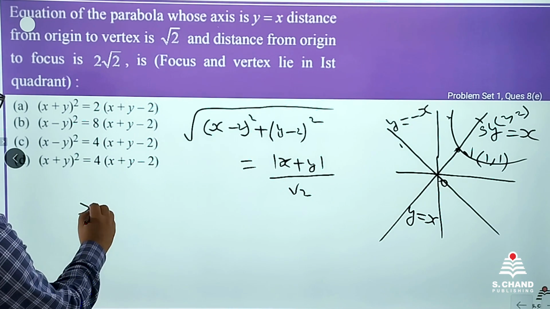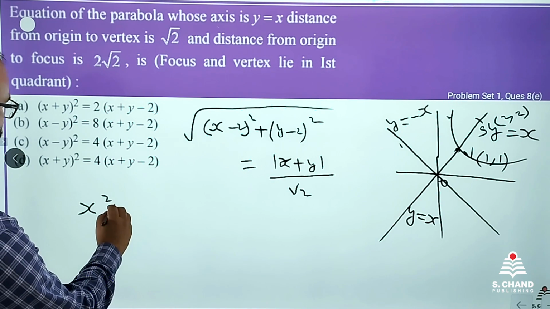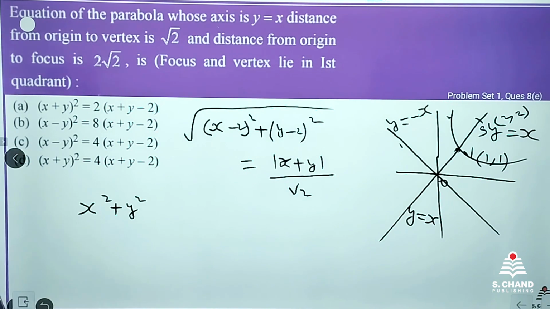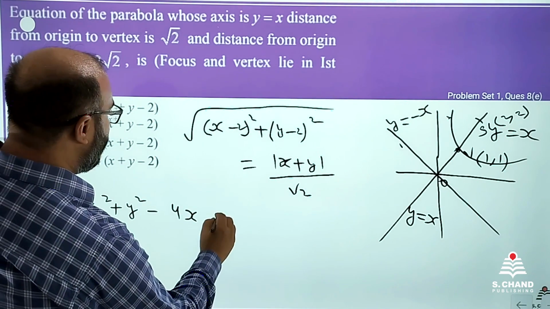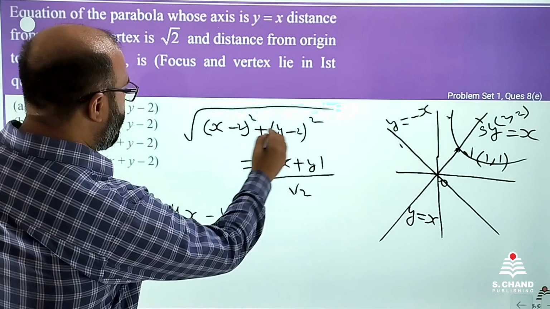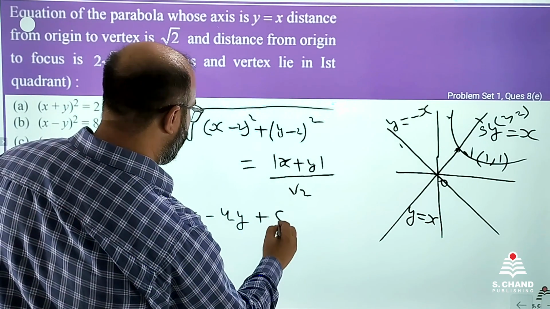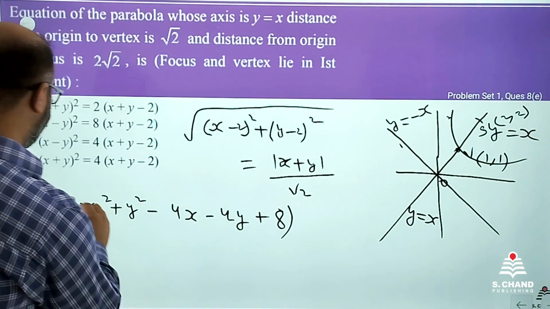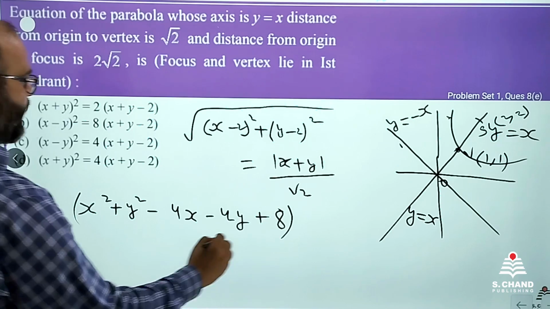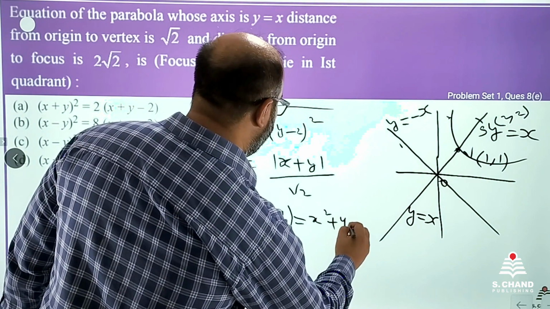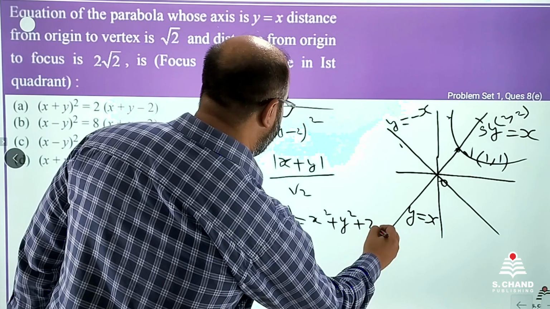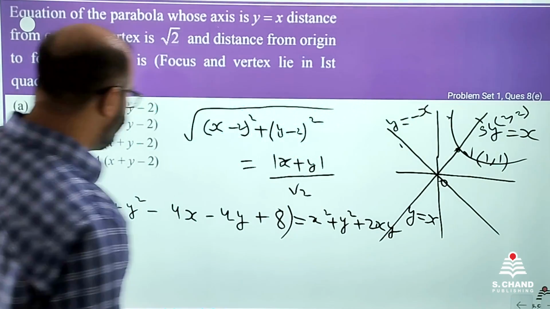This will become, after squaring, x² + y² - 4x - 4y + 8, and this 2 will come here, and on the right hand side it will be x² + y² + 2xy.